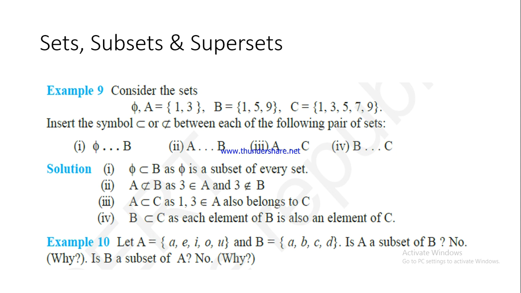Since A has 1 and 3 but B has only 1, 5 and 9, to be a superset of A, or conversely for A to be a subset of B, all the elements of A should also be present in B, but that is not the case here. 3 is one element which is not present in B, and that is why A is not a subset of B.